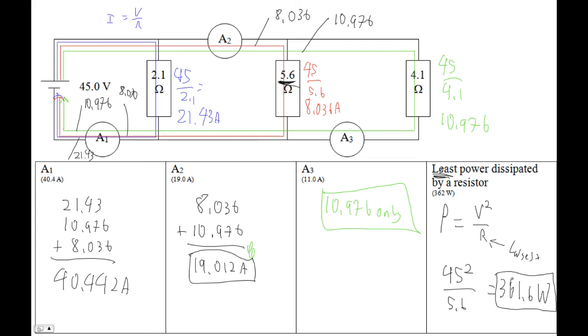If you forget on the day you're taking the test which one's the least and which one's the most, just remember that this is your formula. The biggest R gives you the least power and the smallest R gives you the most. Simply find the smallest resistor and the largest resistor and calculate the power for both. One's going to be less than the other, and that will be the least.